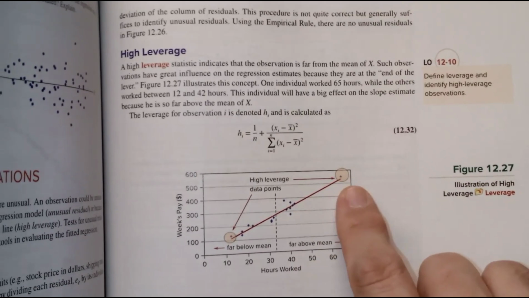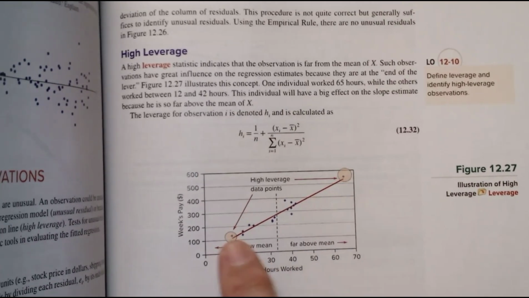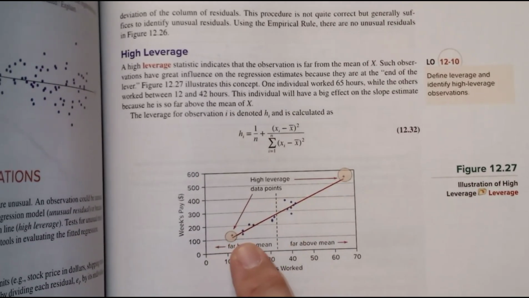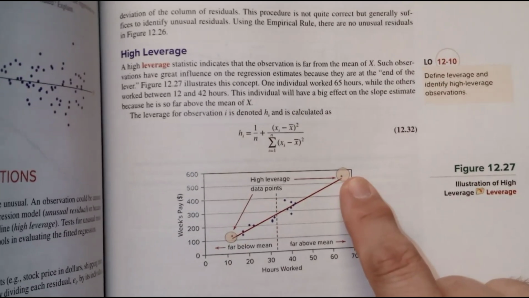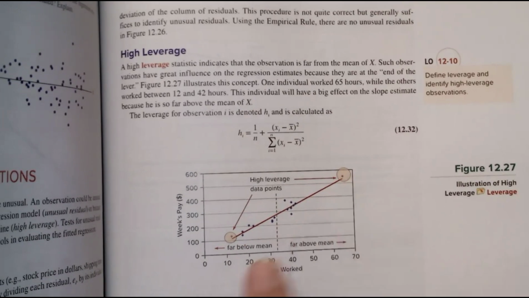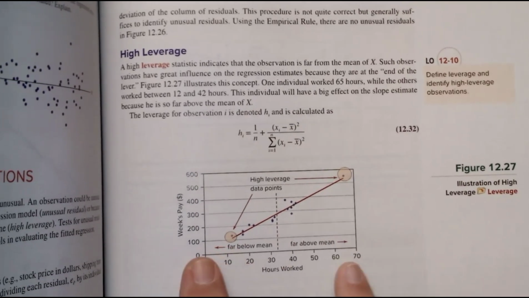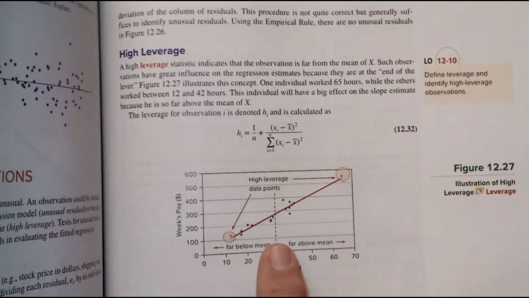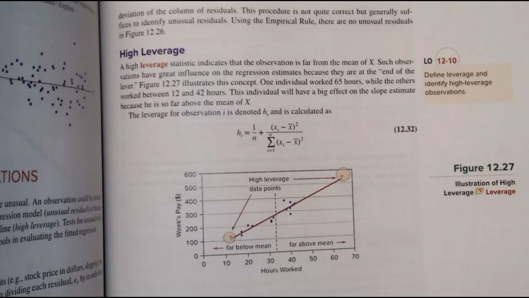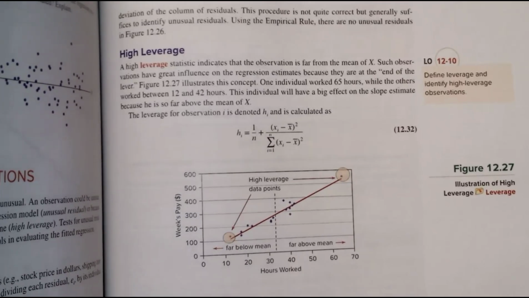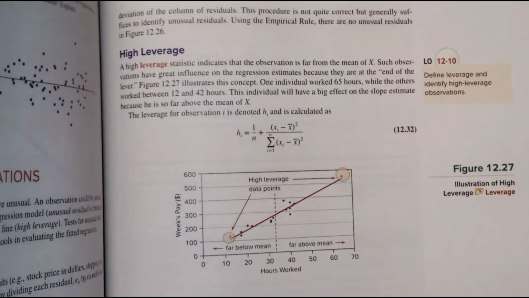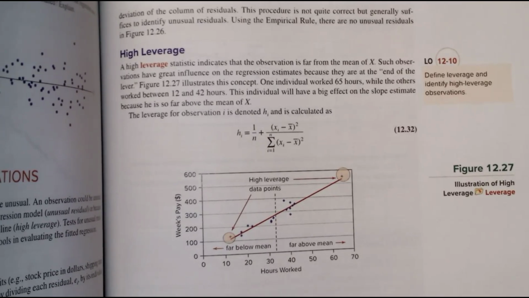We've got this really far data value away from the main body, don't we? If I moved that one, that would change this whole line, wouldn't it? Because they're far away from the average X value, not Y value, but X value. So high leverage, these are called influential observations or influential data points.